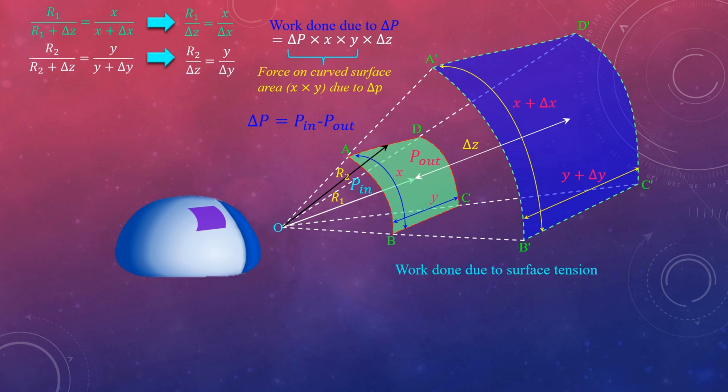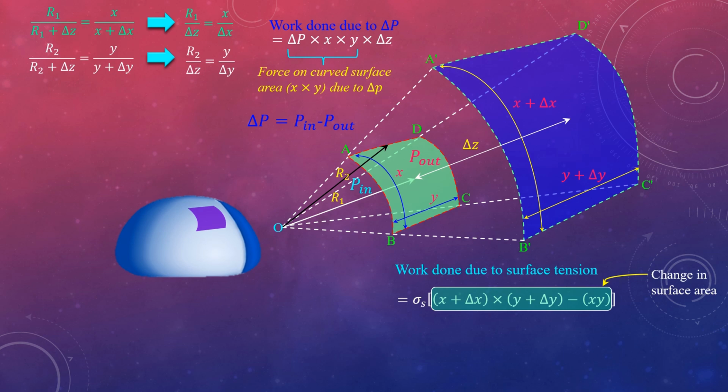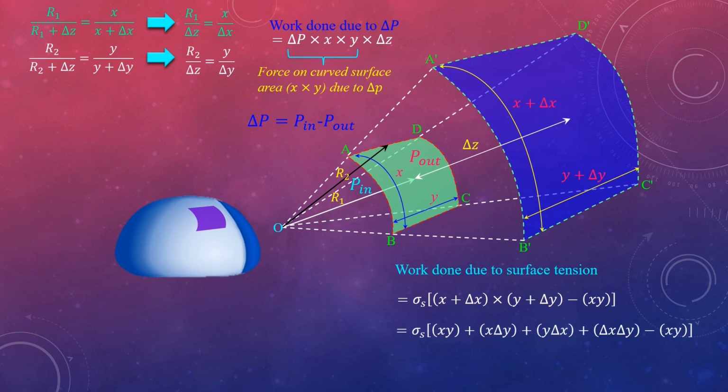The corresponding work due to surface tension is surface tension multiplied by change in area, which is given as sigma s into x plus delta x into y plus delta y minus original area xy. On simplifying, xy cancel out, and delta x into delta y is very small value, so we can neglect that. Finally we get sigma s into x delta y plus y into delta x.